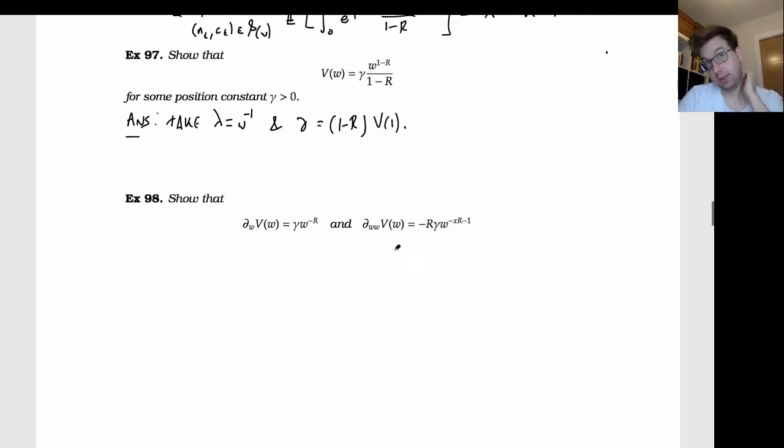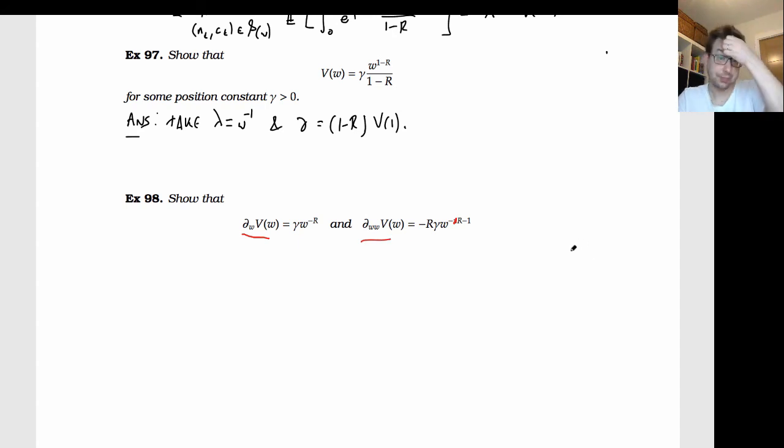So one of the things that we need to know about is these partial derivatives. I can leave you to calculate these at home, but notice that the partial derivative in w of V is equal to gamma w to the minus r. That should be clear from this form. And if I differentiate one more time, ignoring this x, which is a typo, we end up with this: we multiply minus r on the front, and then we deduct the power by 1. So just normal differentiation.